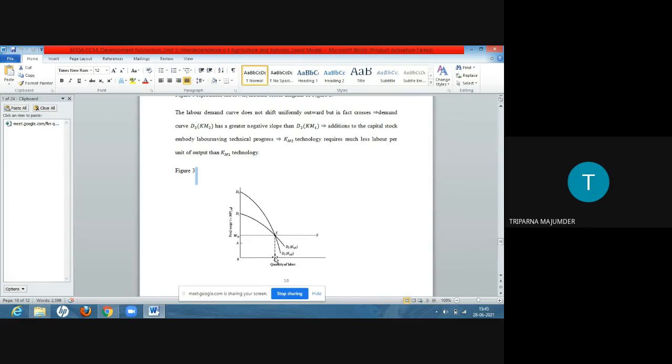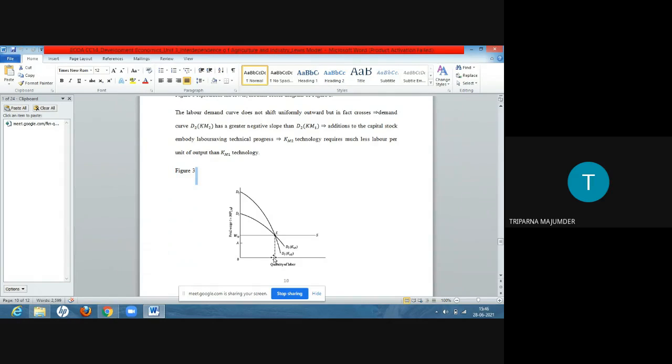The marginal product curve shifts, but does not shift as we had seen in the earlier two presentations of this model. It shifts in this manner. Then what happens? The total product has increased a lot. That is, it has increased to OD2EL1.